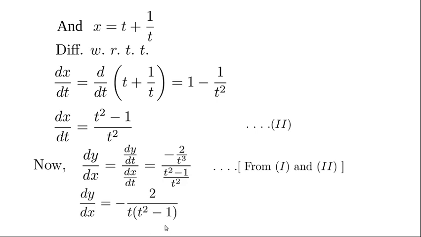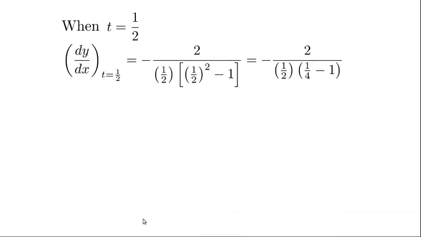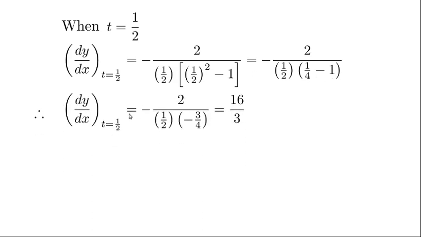And in the next part we are going to substitute the value of t equal to half. So we get dy/dx at t equal to half, minus 2 upon half into (half² minus 1). 1 by 4 minus 1 is minus 3 by 4. So this becomes positive, and 4 to the 8 goes to the numerator, it becomes 16 by 3.